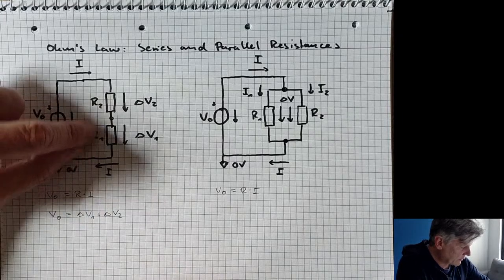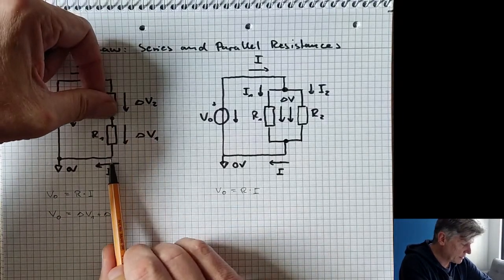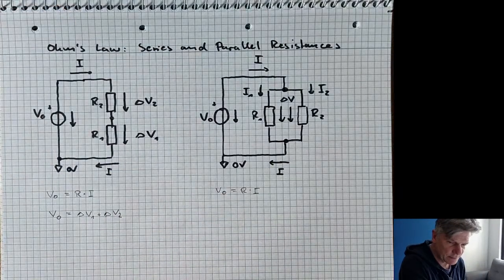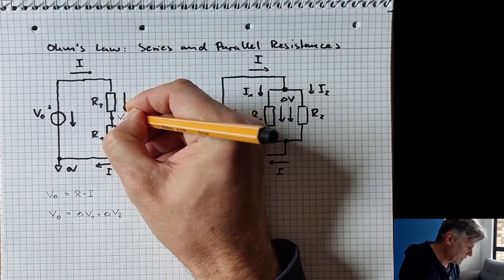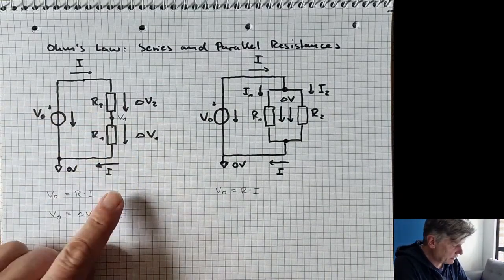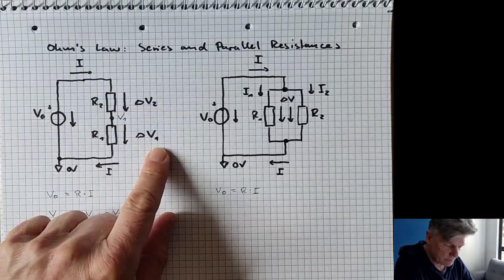So what this resistor R1 sees is a potential difference from this point to that point. From some intermediate potential, what could I call this? Maybe let's call this potential V1, why not, right? So this is the potential V1, and here's the potential 0. So this potential difference is delta V1.